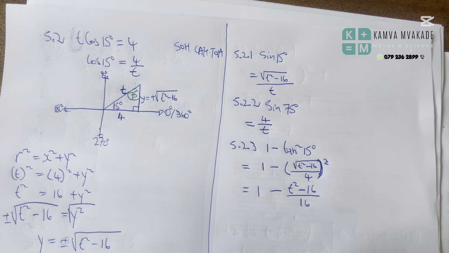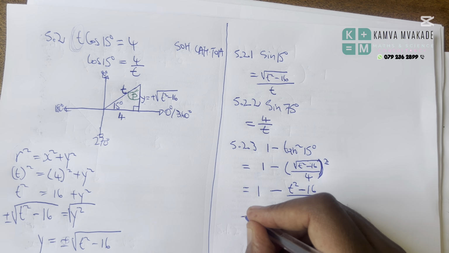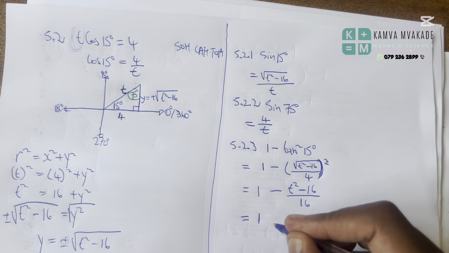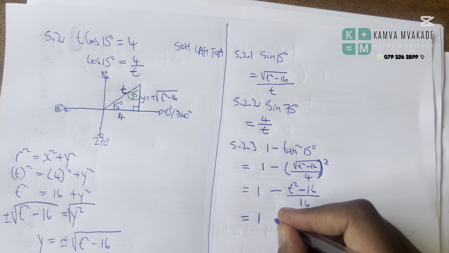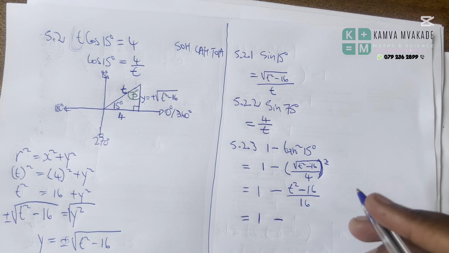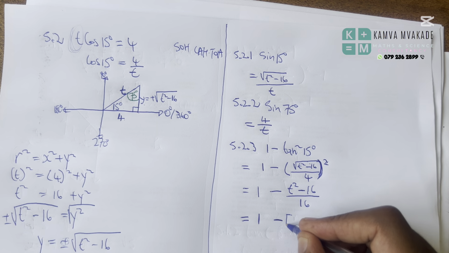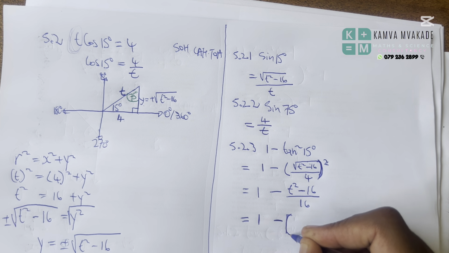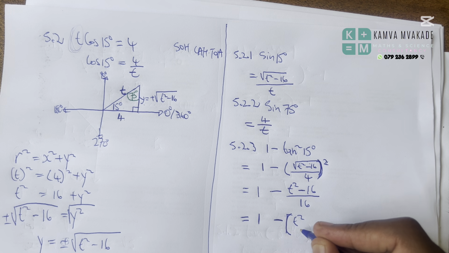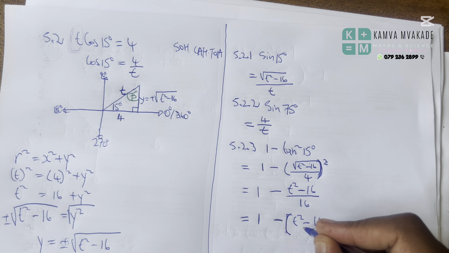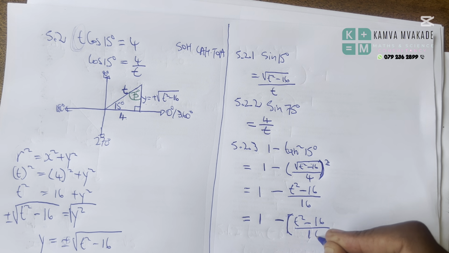So now what can we have here? 1 minus t squared minus 16, all over 16.